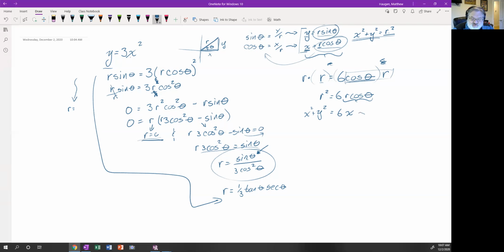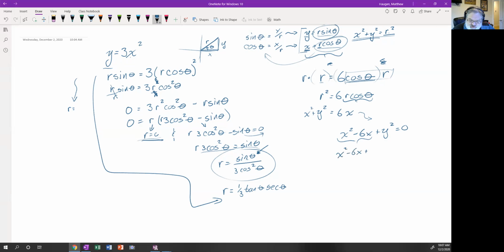Now, if we wanted to get fancier, we could say, hey, this is x squared minus 6x plus y squared equals 0. Just subtracting out 6x from both sides. And then if you remember your Algebra 2, Math 111 stuff, you can complete the square on this thing to make it a perfect square.